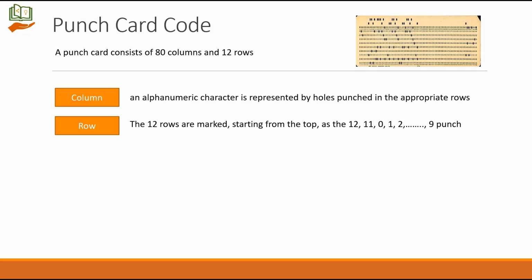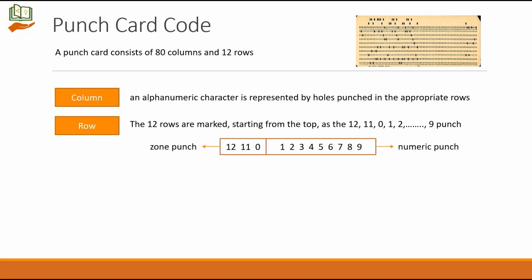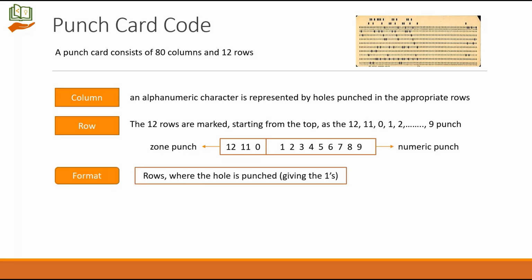You can divide this punch into two zones. The first three, 12, 11 and 0, are called the zone punch and the remaining 9 are called the numeric punch. The format, how do we actually store? The rows are mentioned and where the hole is punched, giving the ones, will be mentioned.